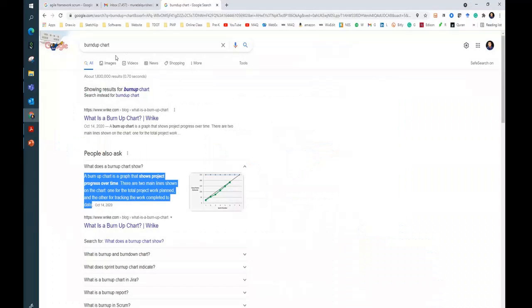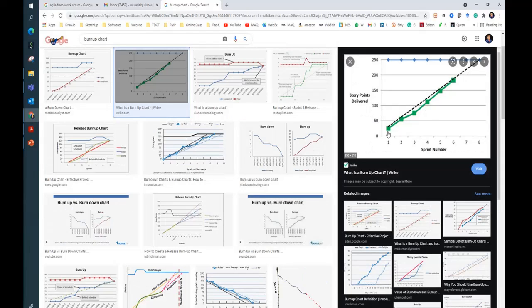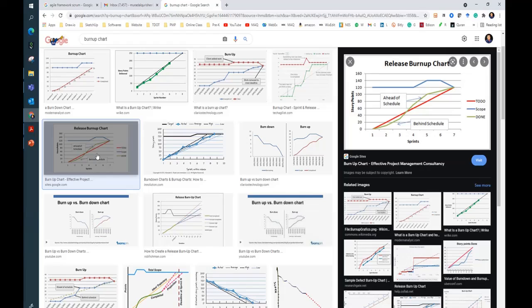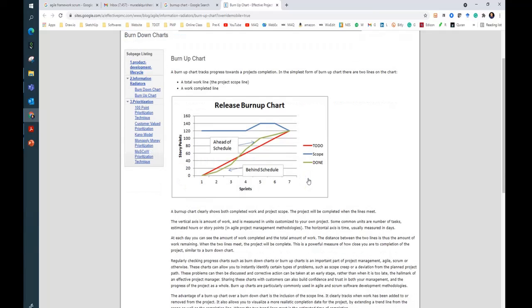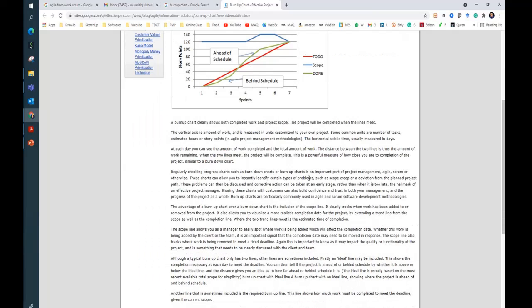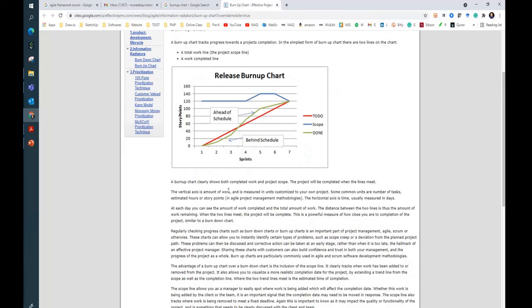Here's something from the chart. Okay, here you can see that the burn up chart clearly shows both completed work and the project scope.